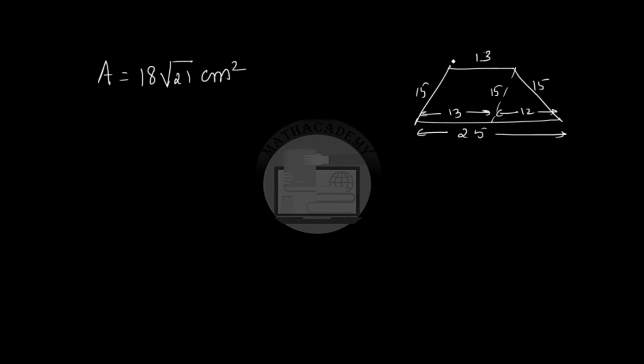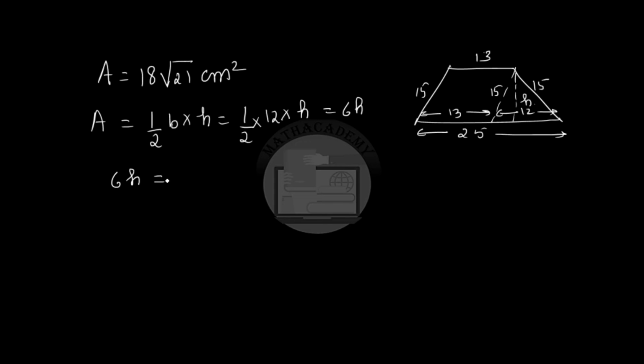Okay, so now if this is the height h, area of a triangle is also given as half of base into height, which is half of the base of the triangle, 12, and the height is h, which gives us 6h. And this area should be equal to 18 root 21. So from here h comes as 3 root 21 centimeters. This is the height of the triangle and the same is the height of the parallelogram also.